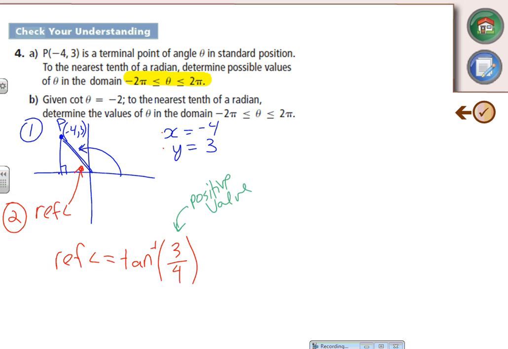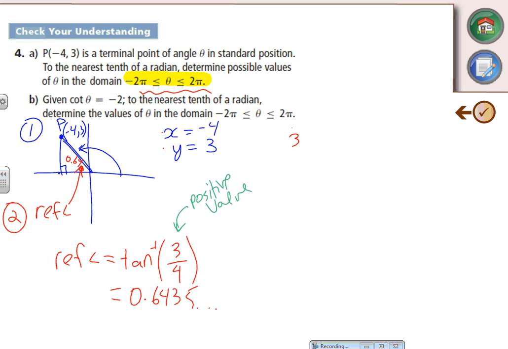Step 2 is using the positive value, plugging into our calculator, and coming up with a reference angle of 0.6435. I've got to be in radian mode here because it told me we're in radians by looking at my domain. It had pi's in there, it's radian. So inside the triangle is 0.64.